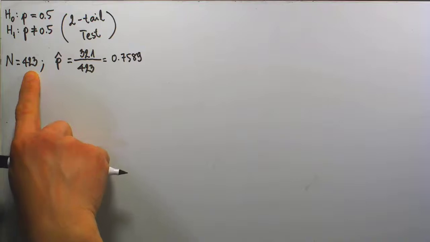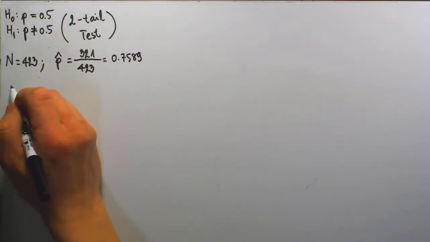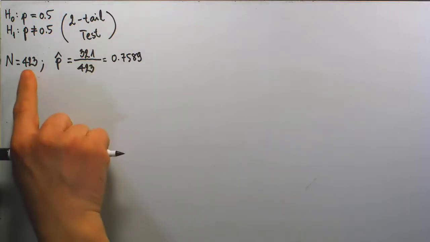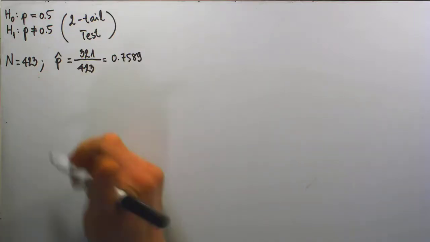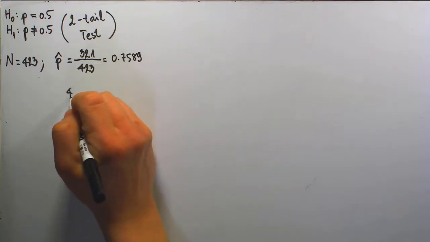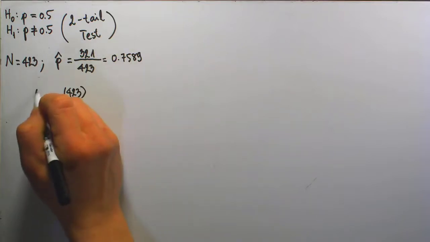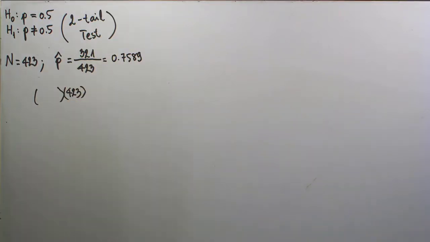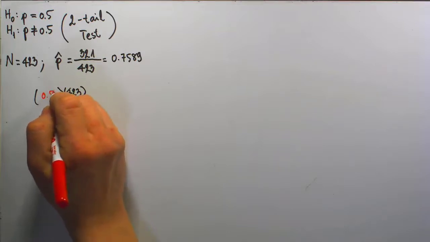In the next step, I am going to check to find out if the sample at this size will be a working sample for the rest of our testing hypothesis procedure. In order to do that, I am going to multiply the sample size 423 with 0.5.